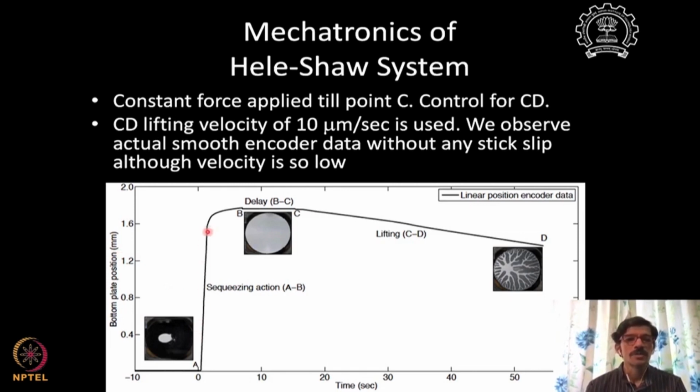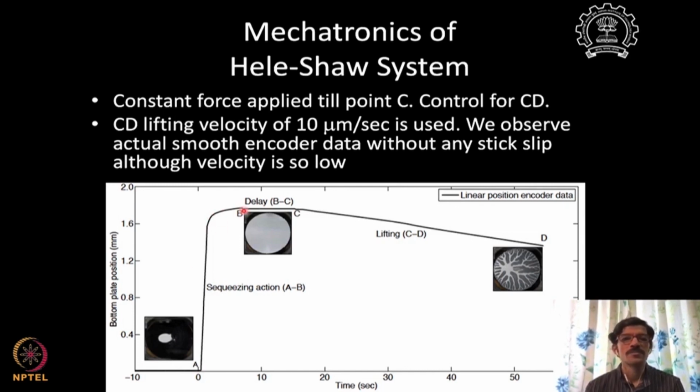The actuator moves, the squeezing happens, and you get this point here. This is the displacement of the end point. So you squeeze it, and the squeezing happens with a constant force. We have programmed it such that we squeeze at a constant force.